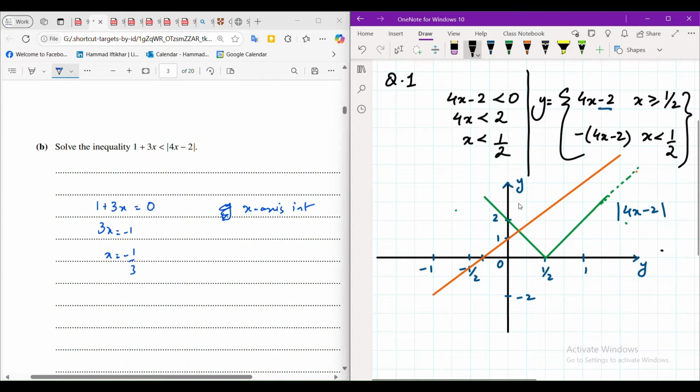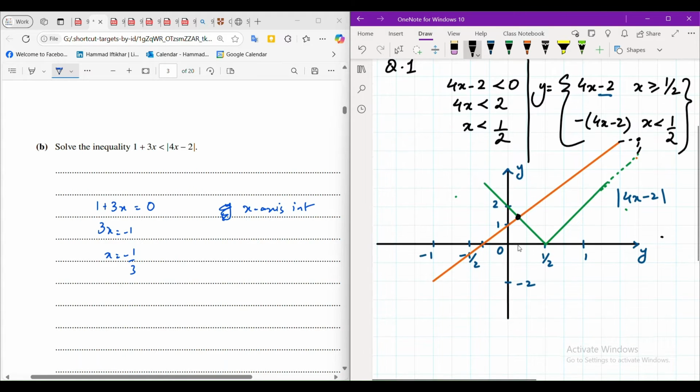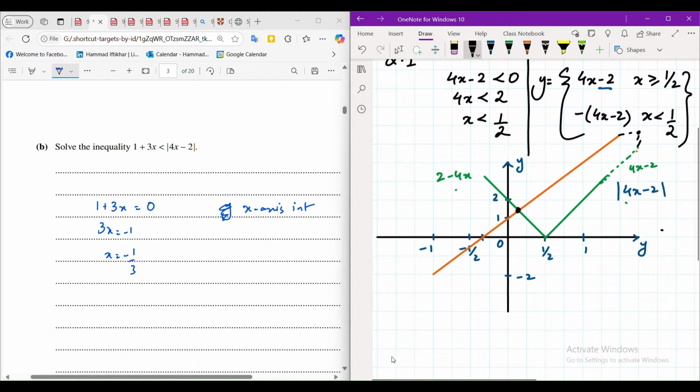Now the 2 points of intersection we can see: one is over here and one somewhere far away where these two intersect. We already know the exact expressions. This is 2 minus 4x and this is 4x minus 2. So one way to do this is we can equate 1 plus 3x equals 2 minus 4x, and 1 plus 3x with 4x minus 2.